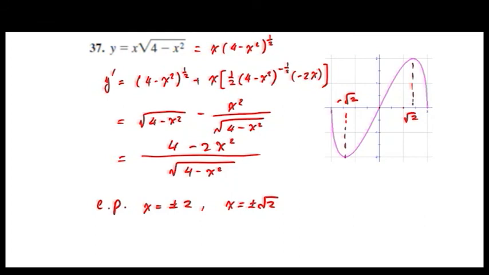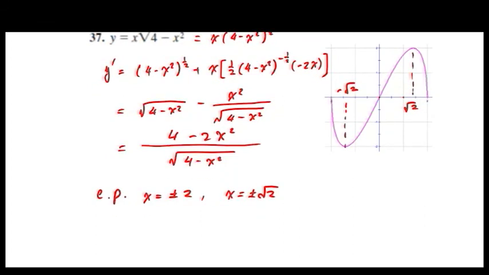Now let's test points, shall we? So this is the endpoint. And let's say, ugly, let's say here. This is root 2 and this is negative root 2. Okay? And we are not going to test anything outside.